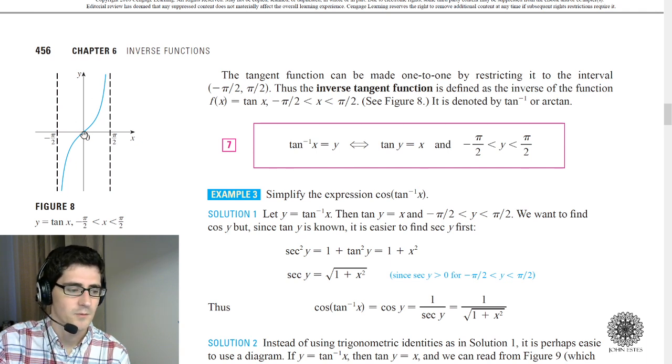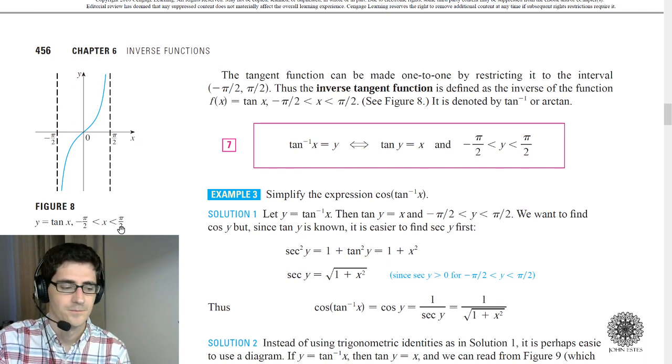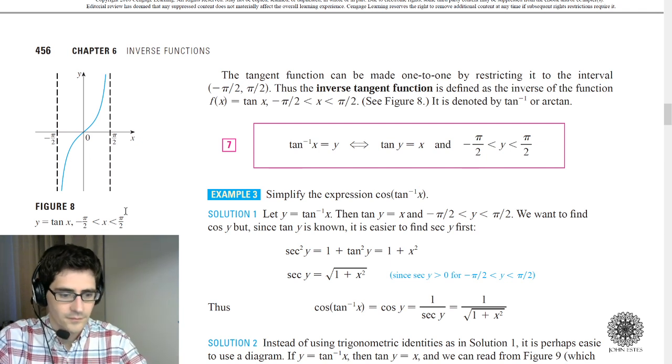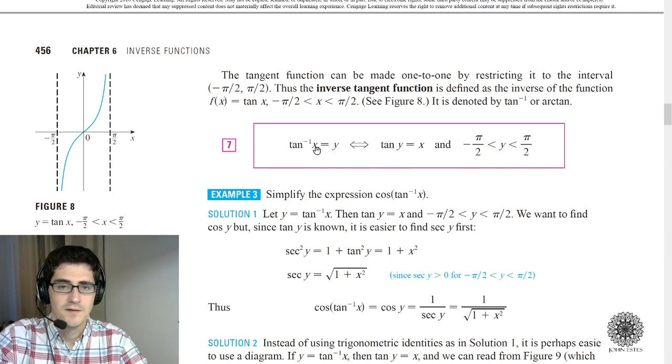It almost looks polynomial except for the asymptotes, right? We limit then tan inverse just to negative pi over 2 to pi over 2. Its range is negative pi over 2 to pi over 2. Okay, just like we would do with sine.